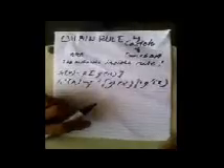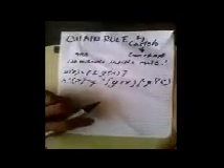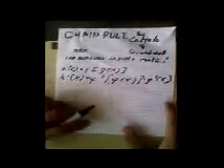The chain rule, also known as the outside-inside rule. For example, h of x equals f of g of x.